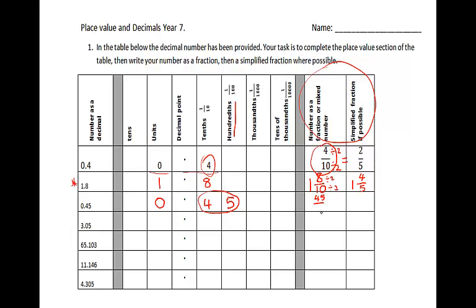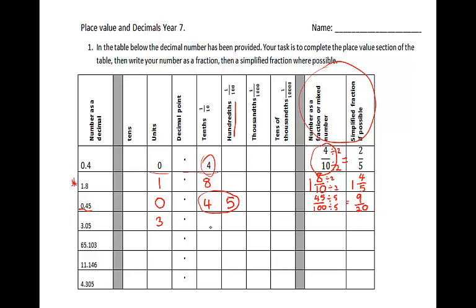It looks like a fraction like this. Almost there, we just have to simplify, and I'm pretty sure that 5 goes into both of these. How many times? 9 and 20. So the decimal number of 0.45 is the same as 9/20.